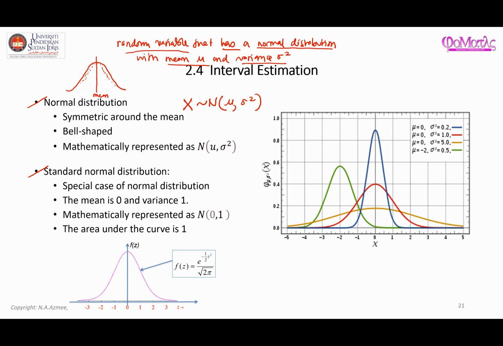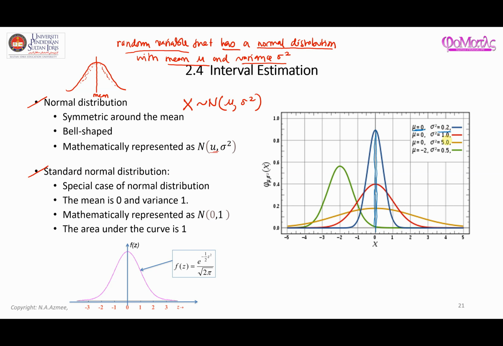Okay. Now, mu and sigma squared here are the parameters, and if you change the values of the parameters, the graph will also change accordingly. As an example, if you refer to the graphs given on this page, this is the normal distribution curve, the blue line here, and you can see that the mean is at 0.0, so this is the peak of the distribution, and the variance here is 0.2.